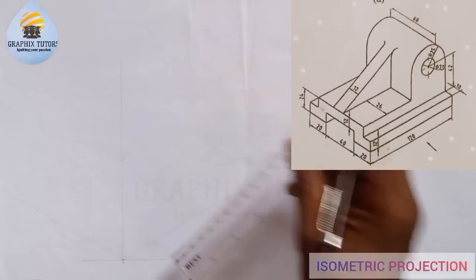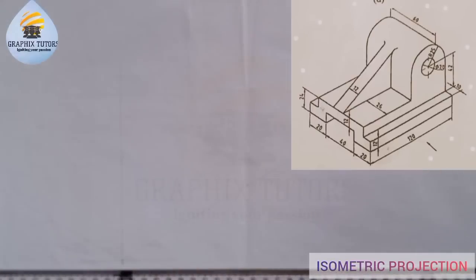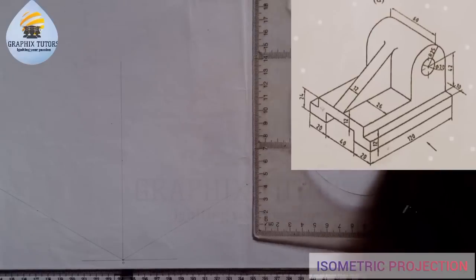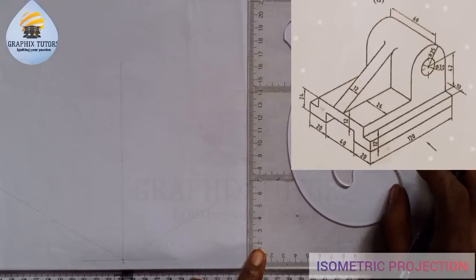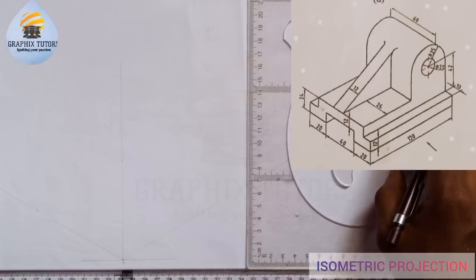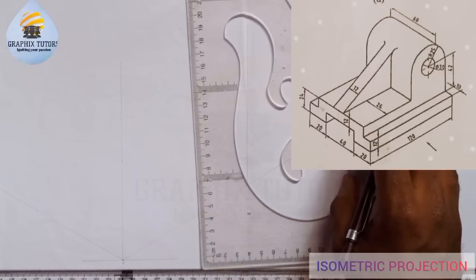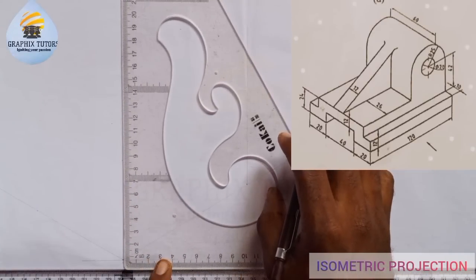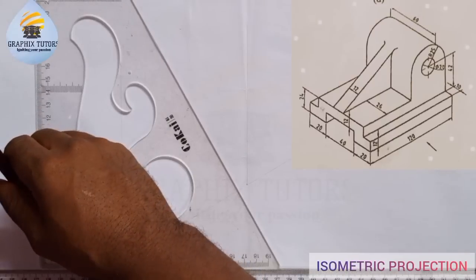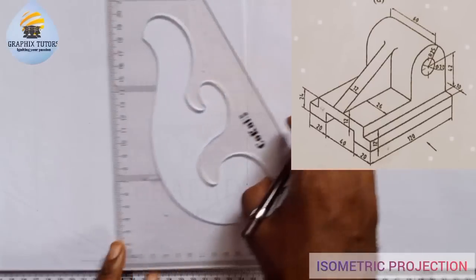That's 79, right? And I will now use my set square to extend this way, and also extend this way, right?